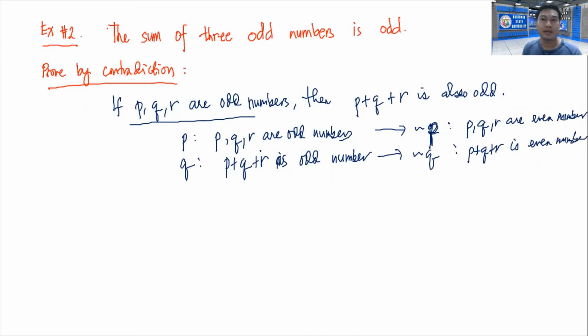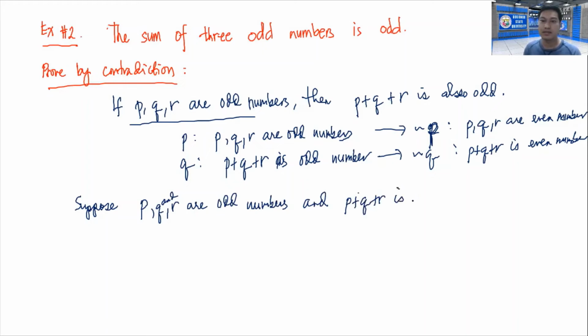So let's start with our assumption. Suppose P and the negation of Q are true. So we will start with: suppose p, q, and r are odd numbers, and p plus q plus r is even.